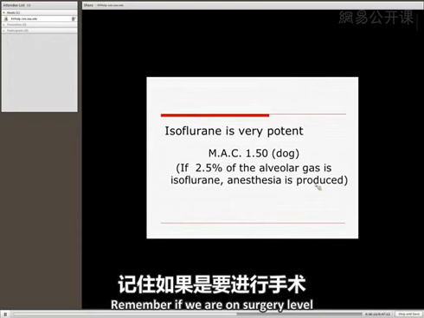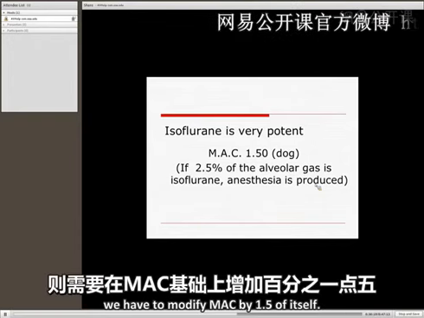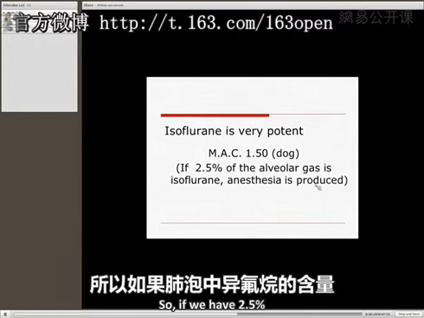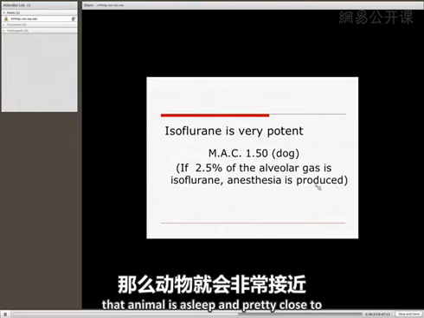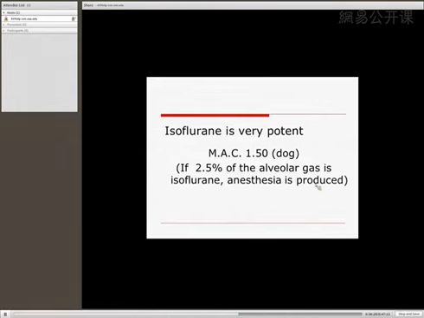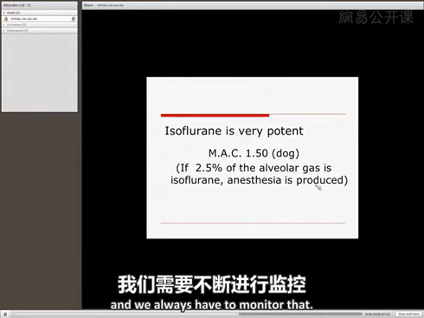Remember, if we want surgery level, we have to multiply MAC by 1.5 or so. So if we have 2.5% of the alveolar gas is isoflurane, that animal's asleep and pretty close to a surgical anesthetic plane, or most of them will be. Again, there's always individual variation. We always have to monitor that.